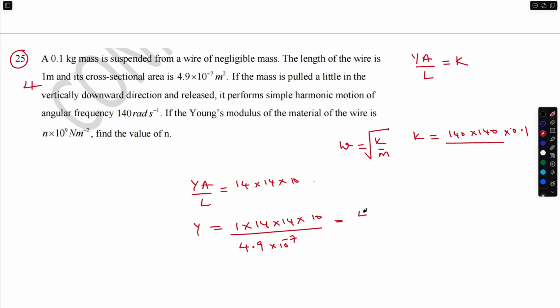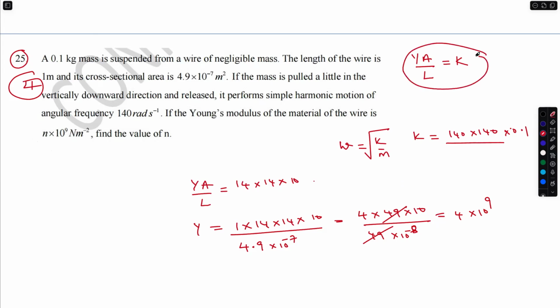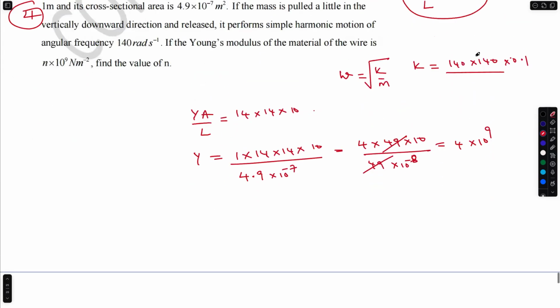Handle it carefully. 4 into 49 into 10 by 49 into 10 to the power of minus 6. 49 cancel. 10 power minus 8. So in the numerator, 4 into 10 to the power of 9. So 4 is my answer. Can be done, but this is the concept that should strike while doing the examination.